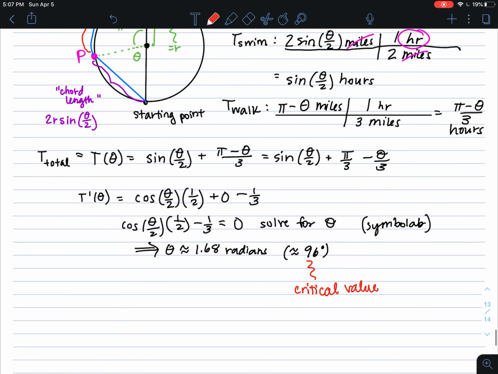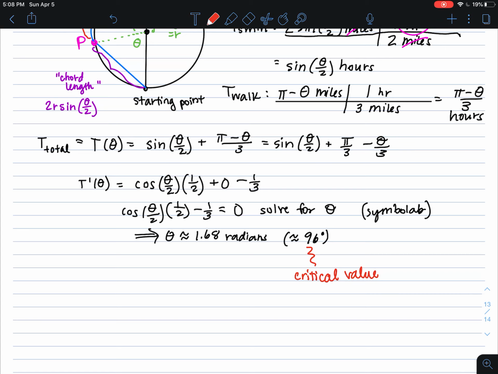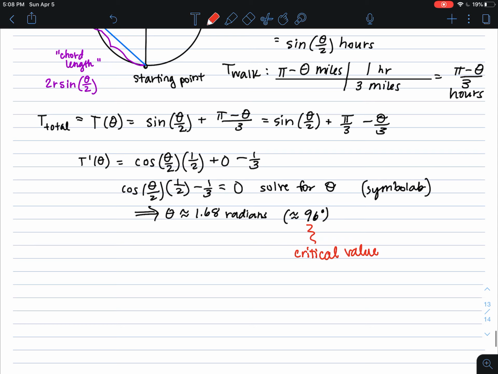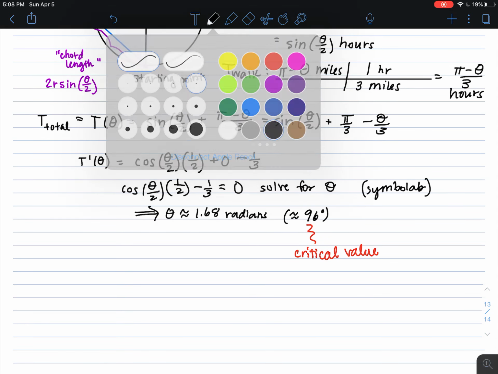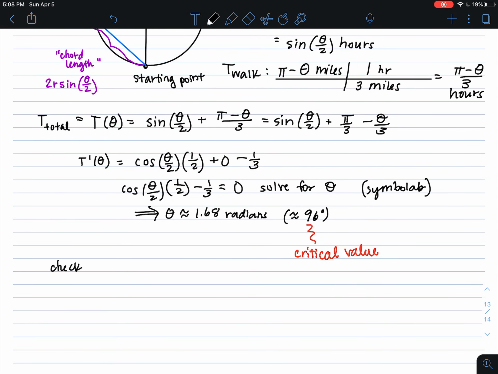So we need to determine what it is, and we're going to use that first derivative test where we plug in our endpoints and our critical values and figure out which one gives us the minimum we're looking for. So we're going to check critical values and endpoints.